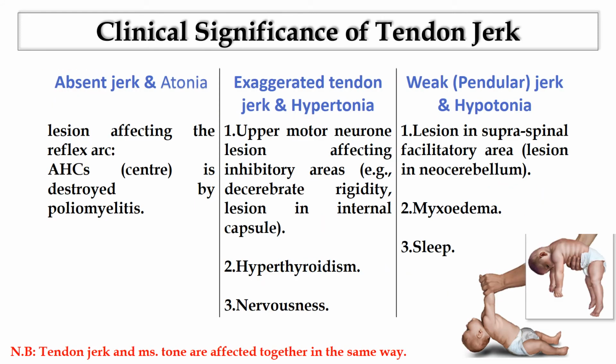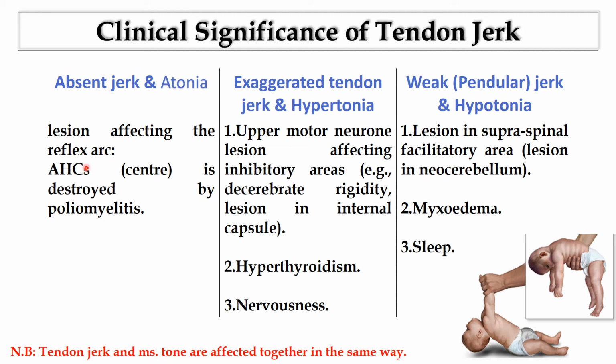Regarding the clinical significance of the tendon jerk, we can diagnose diseases. In case of absent jerk, absent reflex, areflexia or atonia, there is no tone, there is no reflex. This happens when there is a lesion affecting the reflex arc, the anterior horn cells, or the center, as in poliomyelitis.